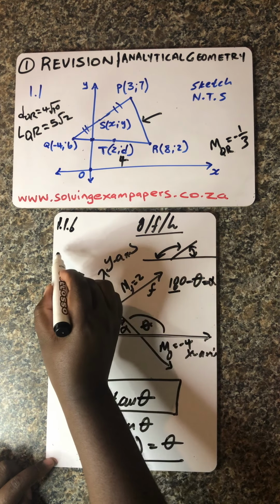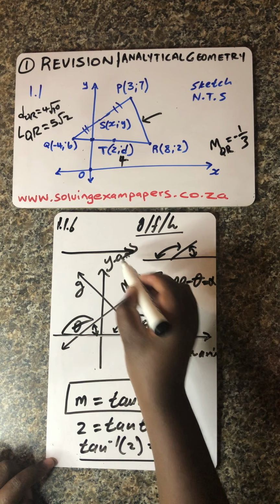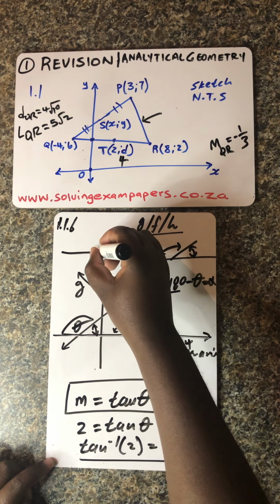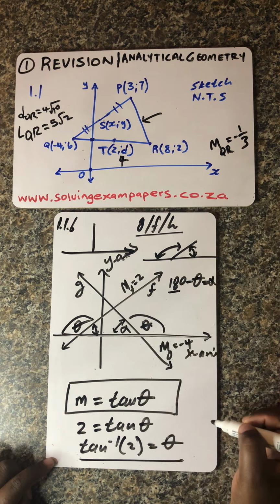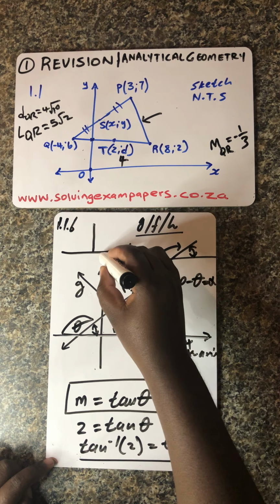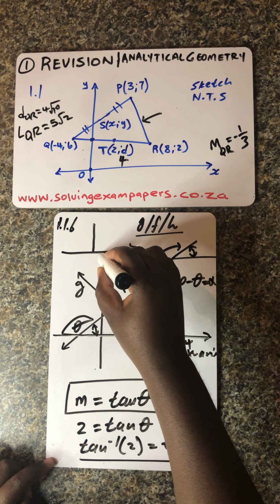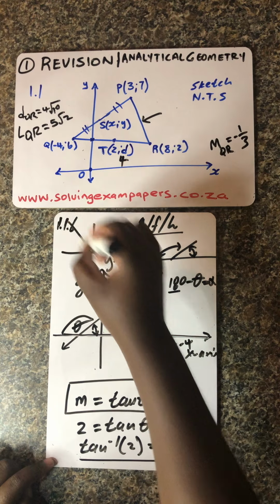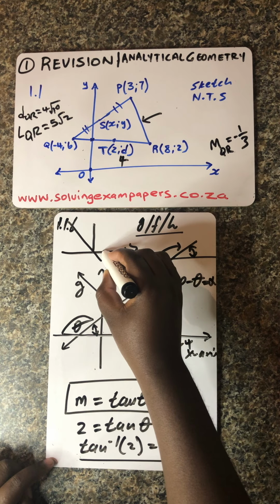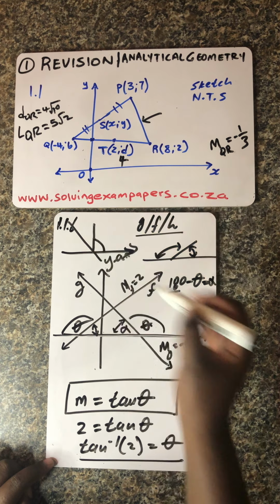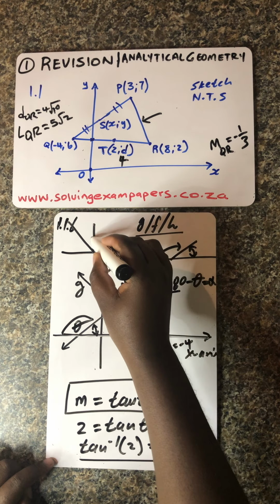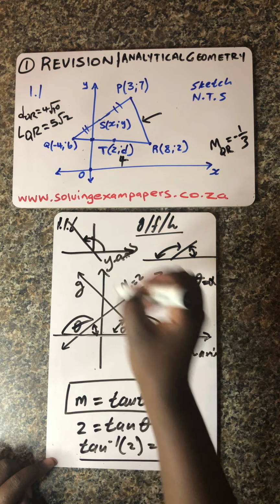How do I know? A very good question. This is the x-axis. This is 90 degrees. If I've got a line which is moving like that, obviously that angle is greater than 90. This is 90 and it extends up to there.